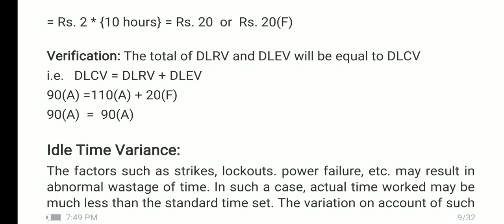DLEV in illustration 3 we have obtained 20 favorable. So, 90 adverse is equal to 110 adverse plus 20 favorable. The aggregate of these two will give us 90 adverse. So, 90 adverse is equal to 90 adverse.